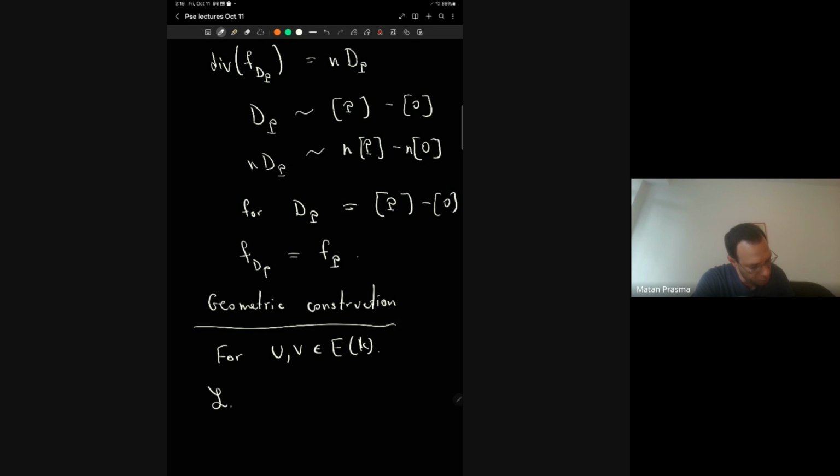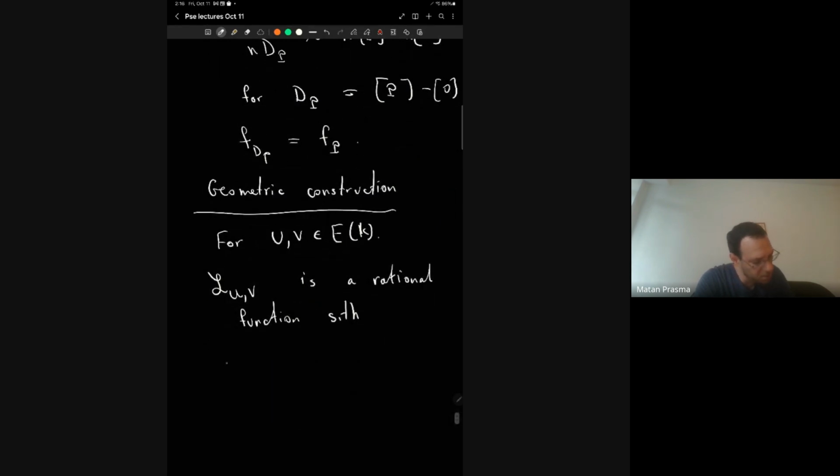The line between U and V is a rational function such that the divisor of LUV is U plus V plus minus U plus V.